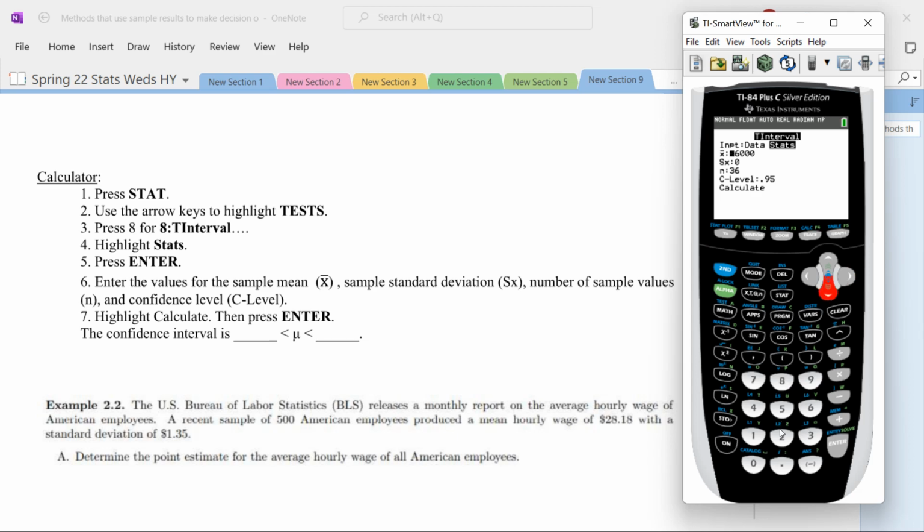Our x bar was 246. Our standard deviation, the original one, 0.15. Our sample size was 50. And we did a 99% confidence level. Now this takes a minute because it's got to look up the values. But there you go. $2.40, $2.52.